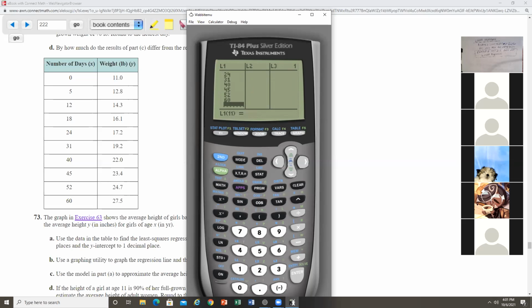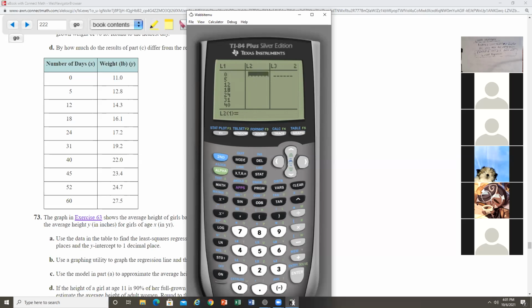Are you all following me or are you lost? We're entering the first column of this table in list one in our calculator, stat edit. Are we good, ladies and gentlemen? Anybody lost? I guess I'll assume that we're not.